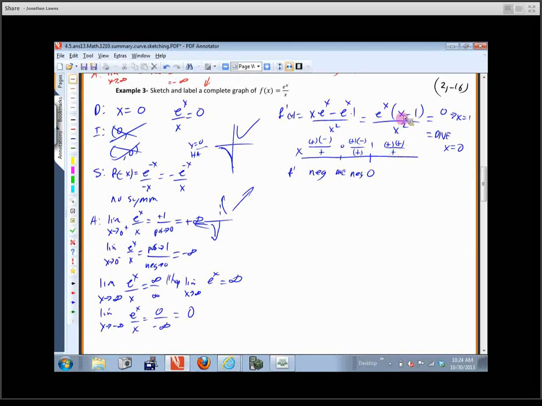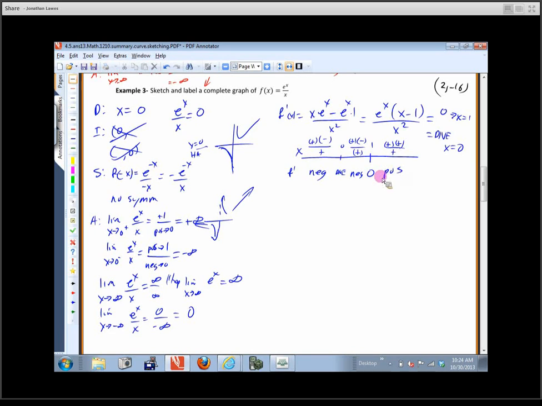Plug in a number bigger than 1, you're going to get a positive for all 3 of those, so we end up with positive. So I've got a function that does this. It decreases. I'm going to put a question mark, but we know what happens there. It doesn't exist, right? We've got a vertical asymptote. It's a point of discontinuity. It decreases, levels off, and then increases. Okay?